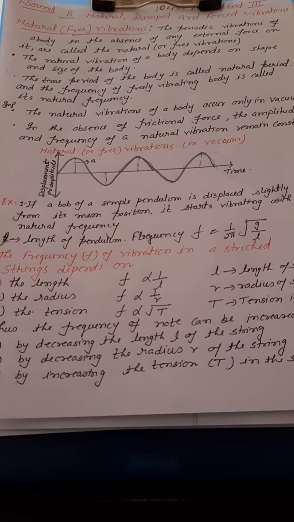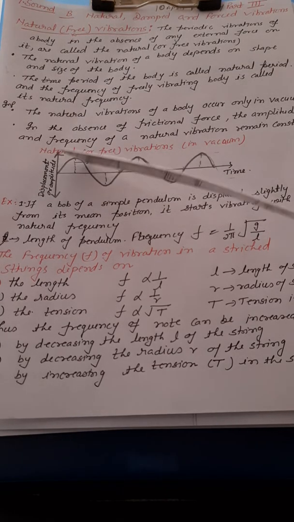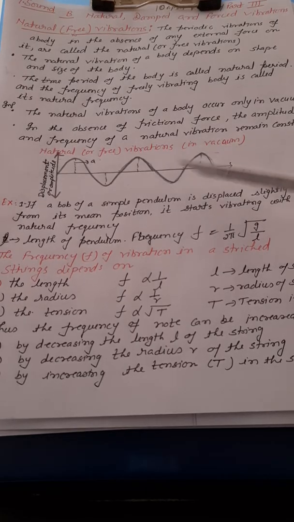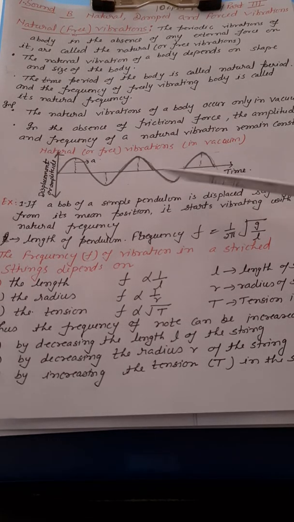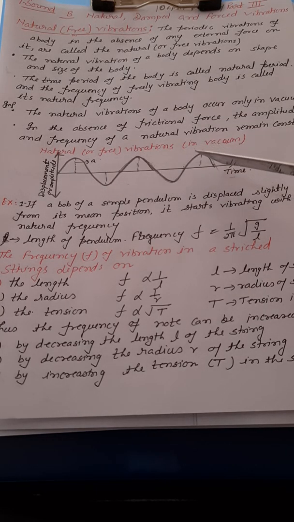Second, the factors on which natural vibration depends: shape and size. Third, where it executes: in vacuum. And the displacement time graph should be drawn properly. In the register also, it should be marked properly. What is this representing over here? Amplitude and frequency remain constant.